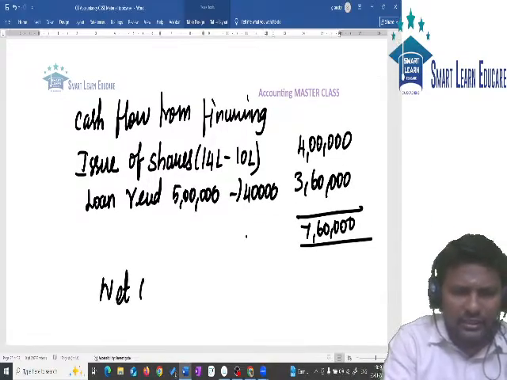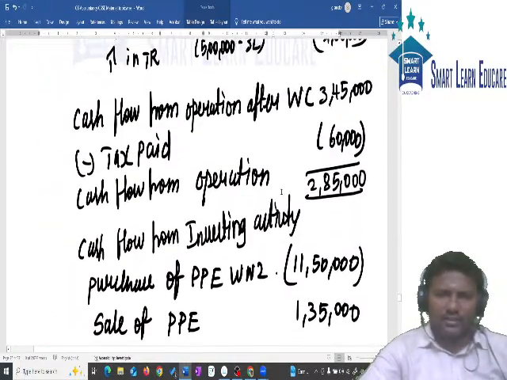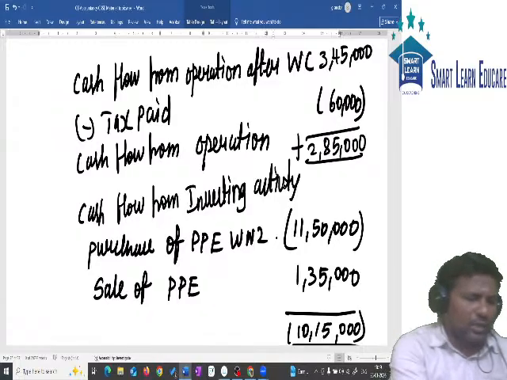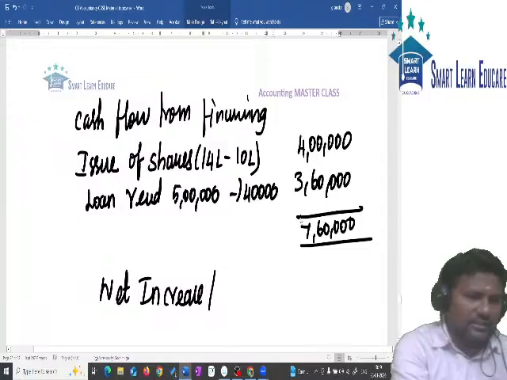Now tell me what is the net cash flow? What is the net increase or decrease? In this question increase or decrease paranga. First we have operating activity 2,85,000 minus 10,15,000 plus 7,60,000.